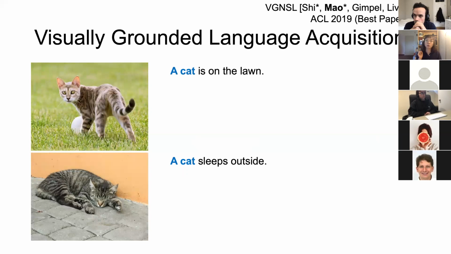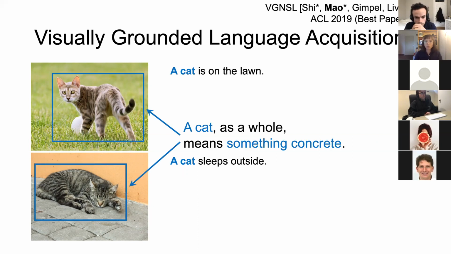Assuming that we already have the ability to recognize visually similar parts in this image, which is a cat, and have the inductive bias that similar visual signals could be matched with similar signals in the text, then we can probably draw this hypothesis that this text span, a cat as a whole, could mean something concrete that can be grounded on the visual input.